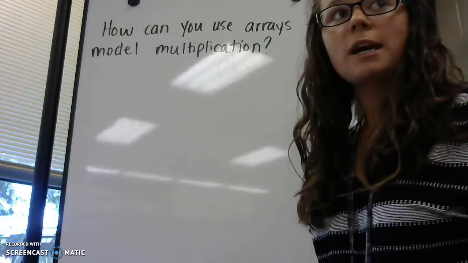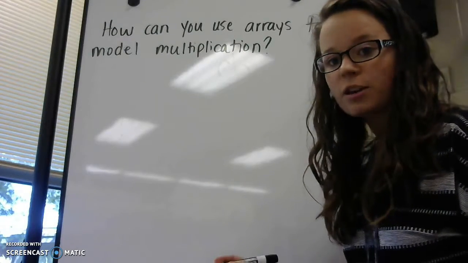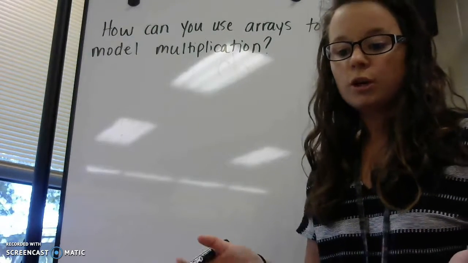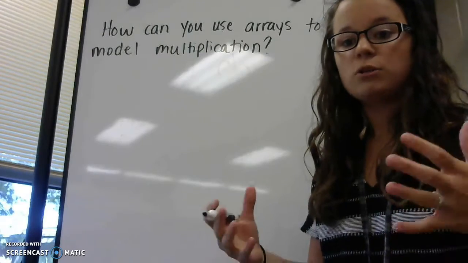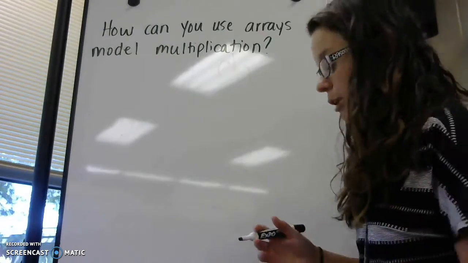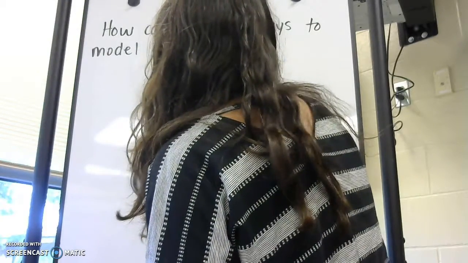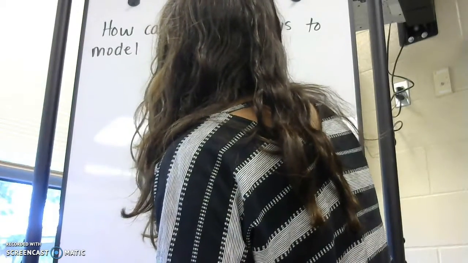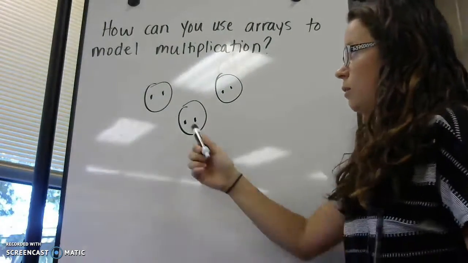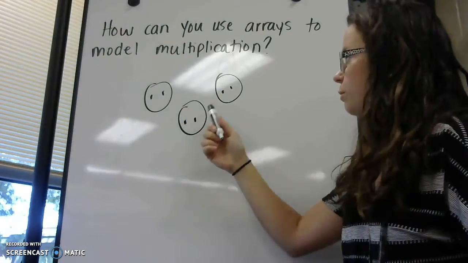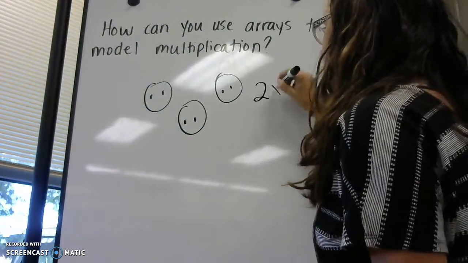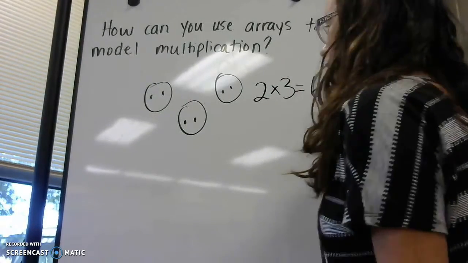If you remember from second grade, arrays are just another way to show multiplication by using equal groups. Previously we've talked about equal groups where you might draw a picture that would look like this. Here we'd be skip counting by 2 three times, so this would show that 2 times 3 equals 6.